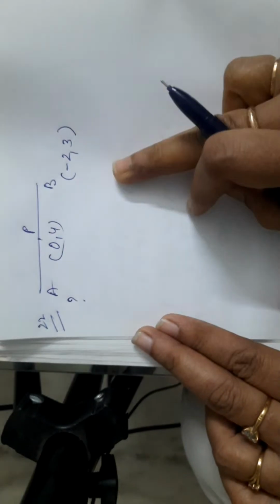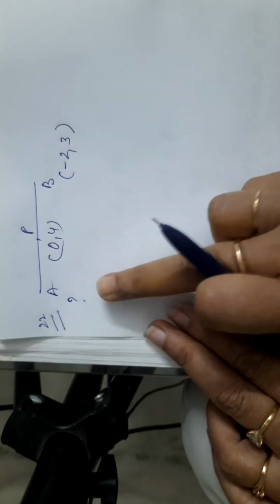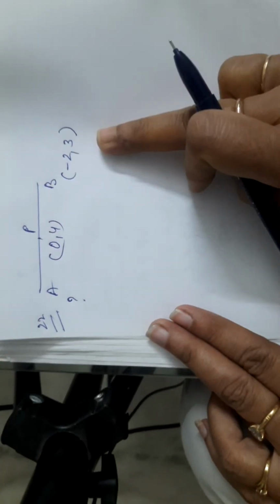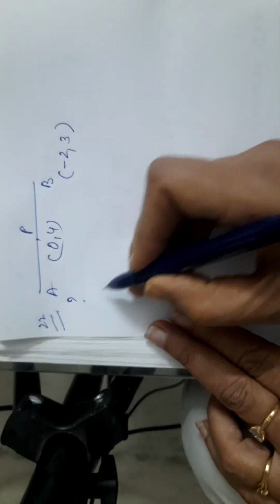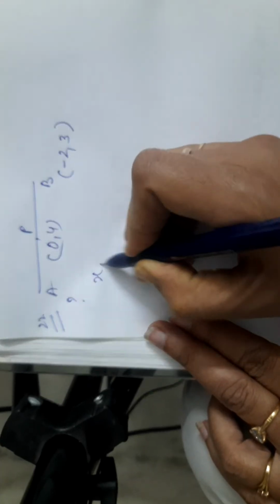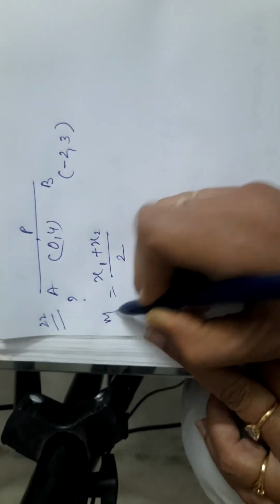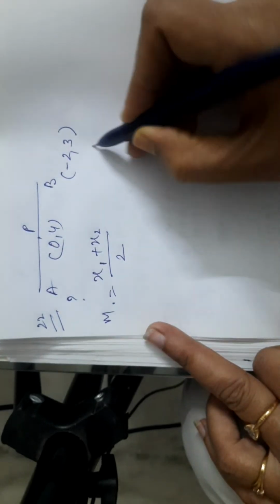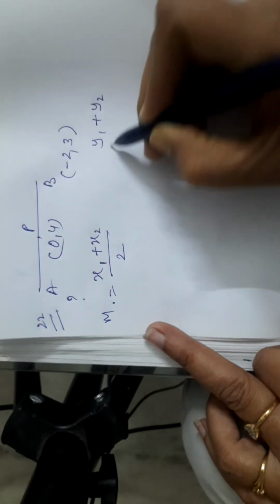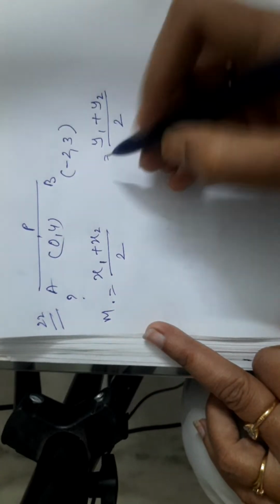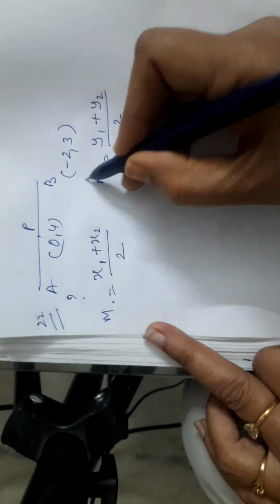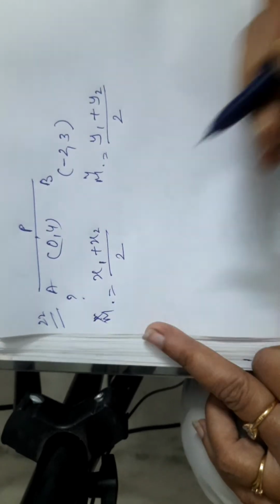So as it is given the midpoint, we are going to use the midpoint formula. Midpoint formula is (x1 plus x2) divided by 2 is equal to the midpoint value. In the same way, (y1 plus y2) divided by 2 will be equal to the midpoint value of y. This is the midpoint value of x.